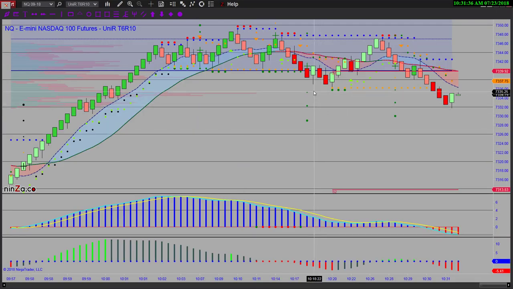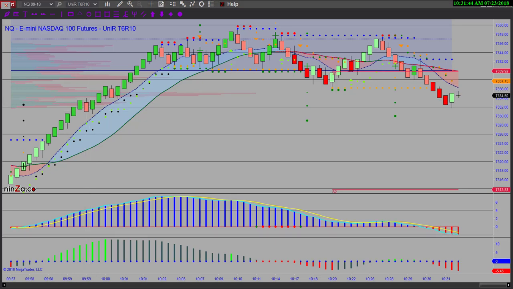Trying to set up our lightning bolt pattern here. We went into some little minor support here to the left. Let's see what happens. I'd like for it actually to climb back up to 37 to 38 and then roll over.